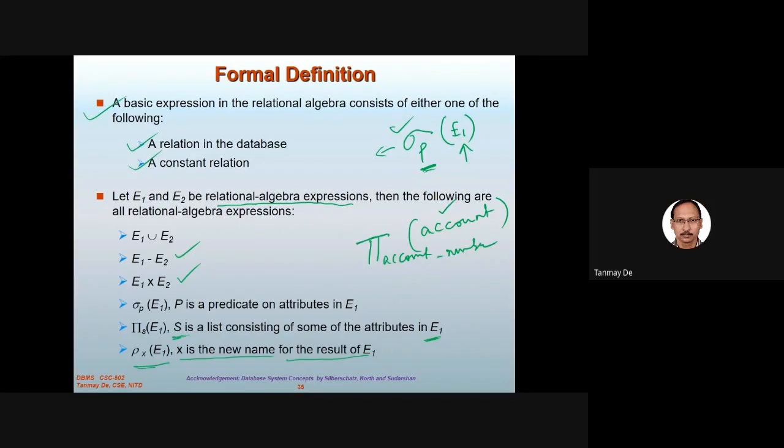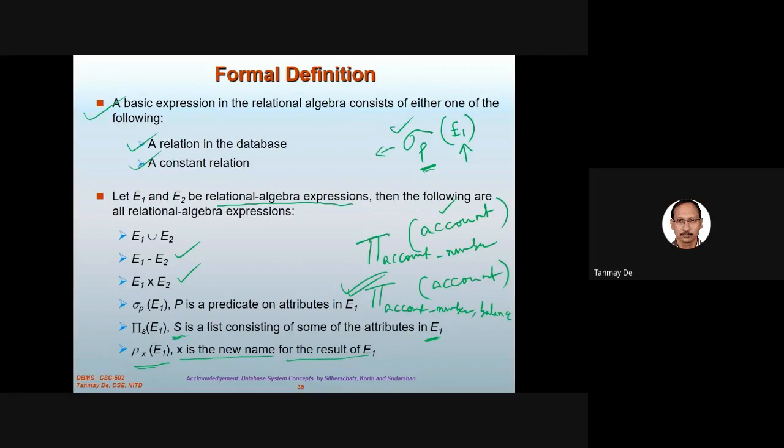Is it clear? If we write account number, comma, balance, and the relation is account, what is the outcome? The outcome is the account number and the corresponding balance.